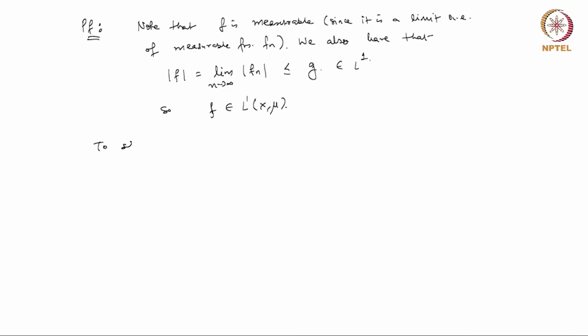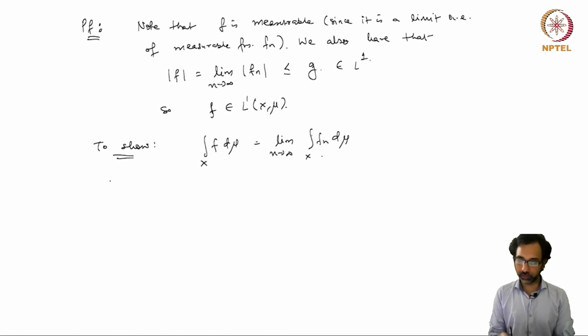So now we are only left to show that the integral of f d mu is the limit of the integrals of f_n d mu. First note that it suffices to show this for real valued functions only, by taking real and imaginary parts for complex valued functions.